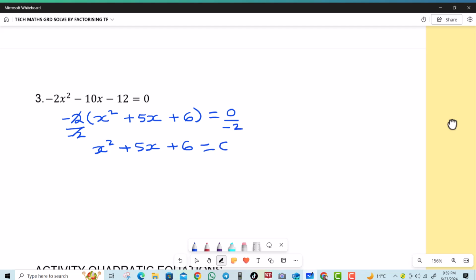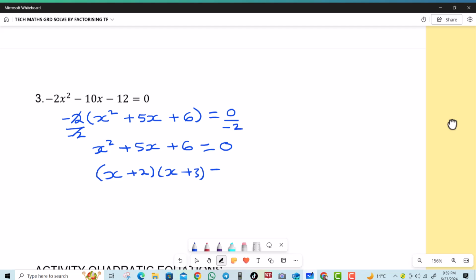So now I'm telling the factors which multiply to give us 6 and, when you add, you get 5. We said we have 2 and 3. So x plus 2 and x plus 3 equals 0.